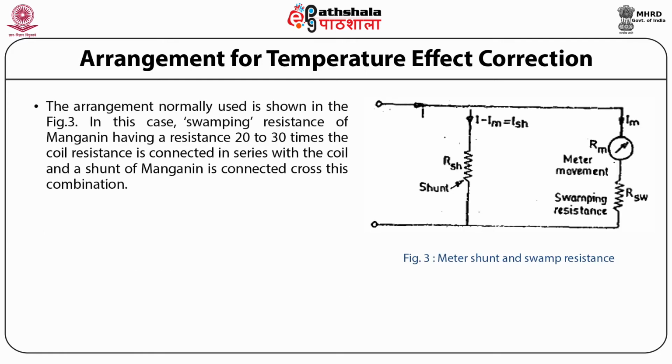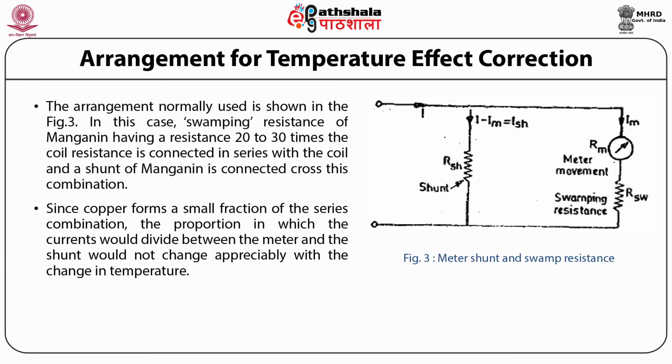The arrangement normally used is shown in figure 3, which shows the meter, shunt and the swamping resistance. In this case, a swamping resistance of manganin having a resistance 20 to 30 times the coil resistance is connected in series with the coil, and a shunt of manganin is connected across this combination.